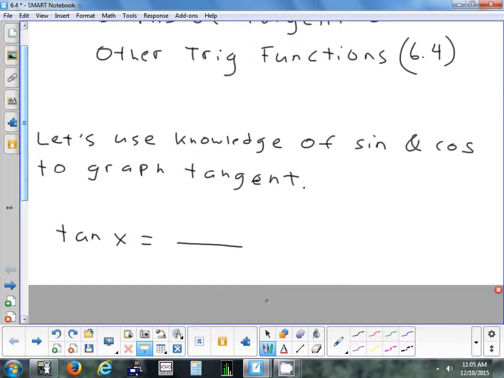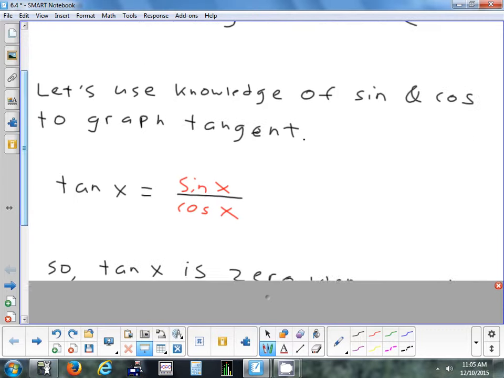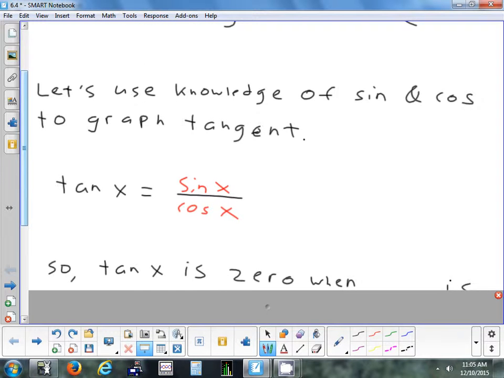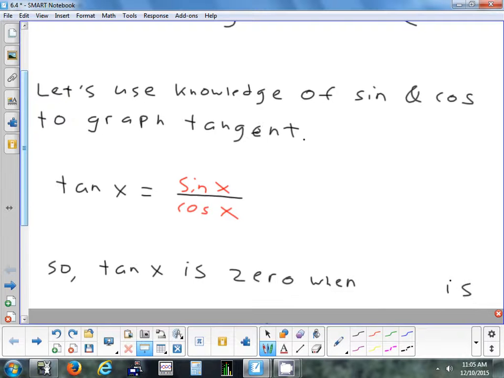How can we rewrite tangent in terms of sines and cosines? Sine over cosine. Now, I want to focus on when tangent would equal 0. What's the only way tangent would equal 0? Focus on the right-hand side and figure out when that would be 0.